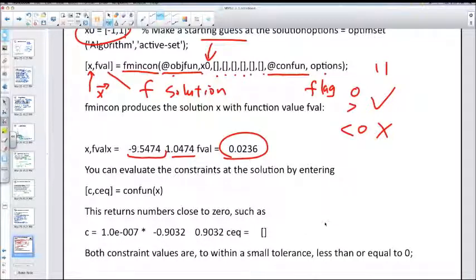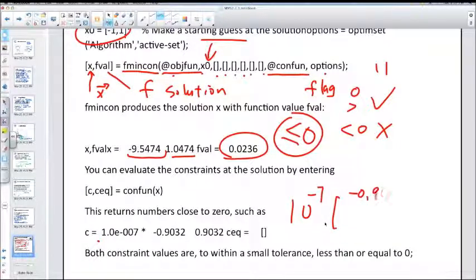So how do I check? I will check the C, which is the constraint inequation. You remember, it needs to be less than or equal to 0. So what you get? That's 10 to the negative 7 power times negative 0.032. That's almost 0. Even if you times this positive, that's still 0 within the small tolerance.